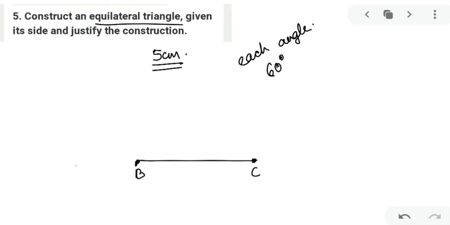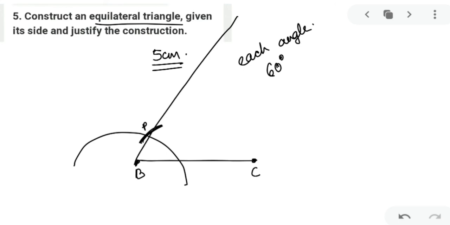For that, what you will do? You will construct an arc. Without changing the measurement, construct an arc again and name it as P. Join BP and extend. Similarly from C, you have to construct an arc and again an arc.